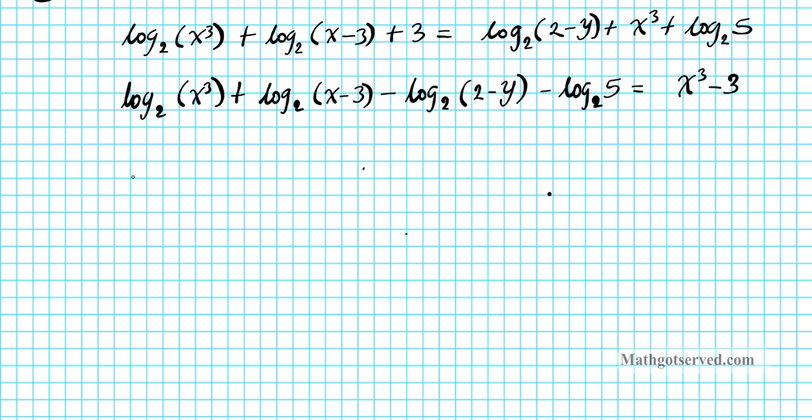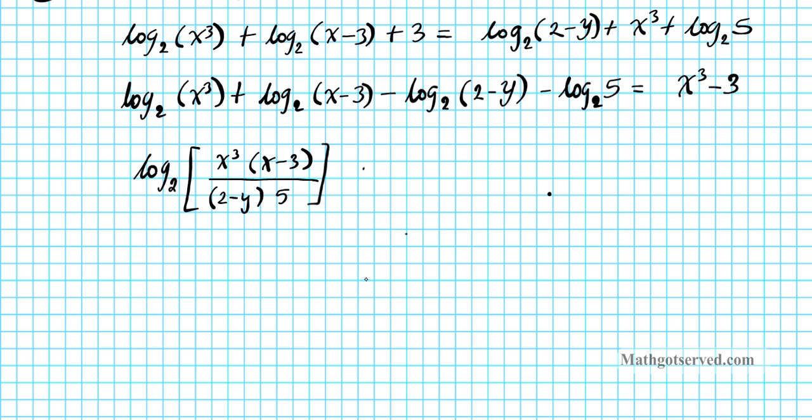So this is going to be written as log base 2 of x to the third. So this plus this becomes a times x minus 3 divided by those other two quantities, 2 minus y and 5, because you have that minus in front of those two logarithmic terms.